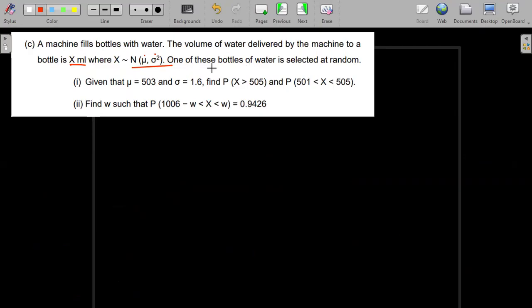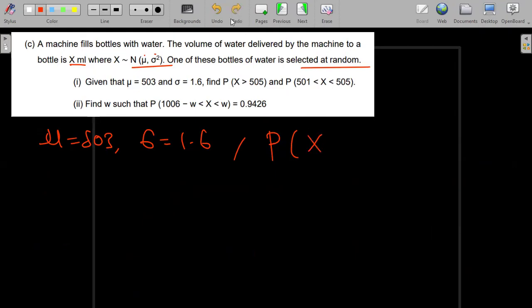Okay, one of these bottles of water is selected at random. Given that the mean is equal to 503, and the standard deviation is 1.6, find the probability that X is greater than 505.